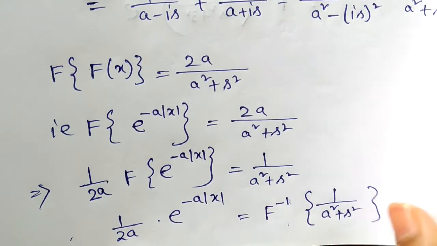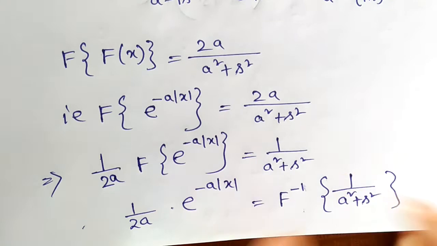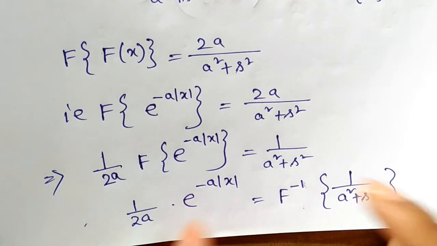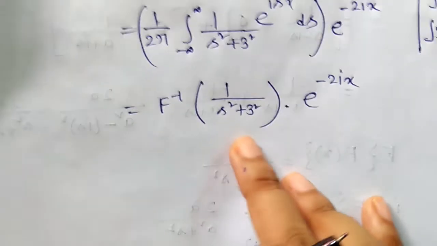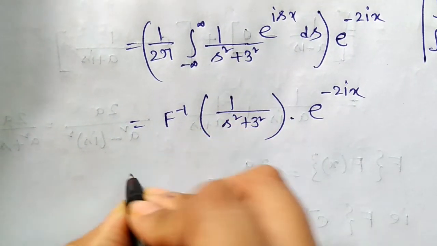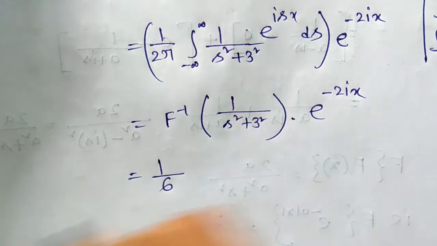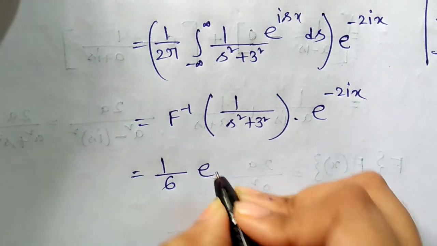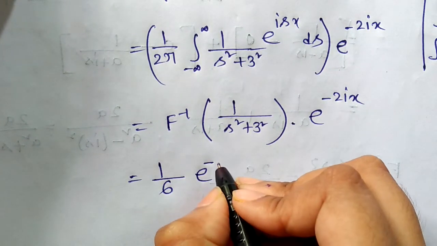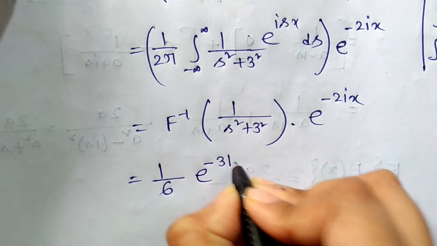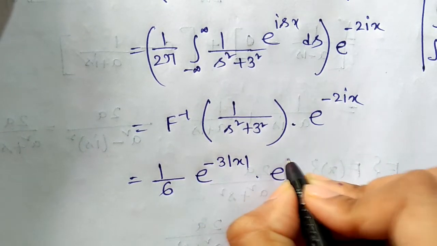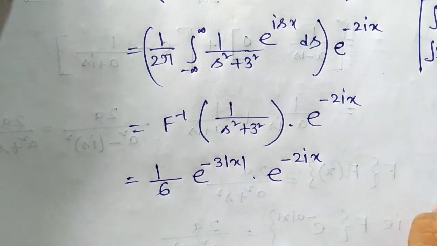So using this result we can write 1 by 2a e to the power minus a mod x. Here a is 3, so 1 by 2a, that is 1 by 6, into e to the power minus 3 mod x into e to the power minus 2ix.